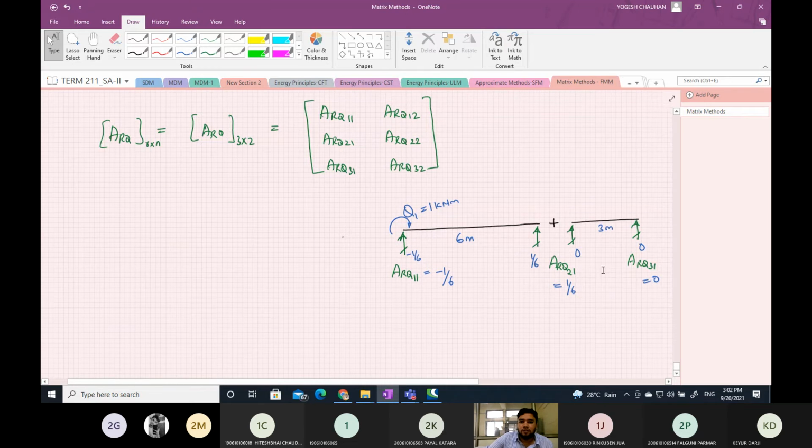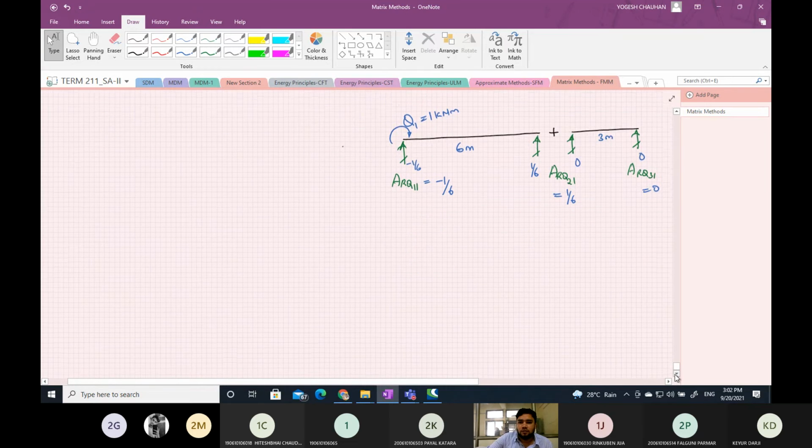Okay. Same way, the second diagram. Now here we are applying moment.